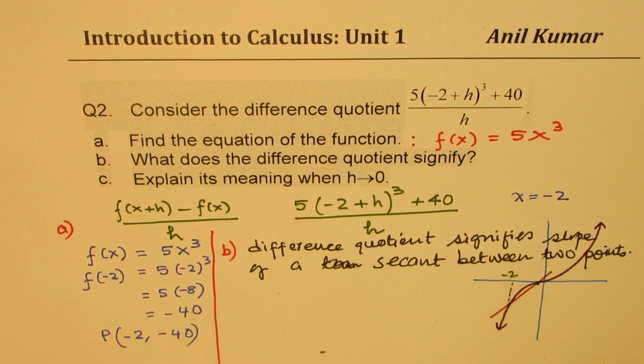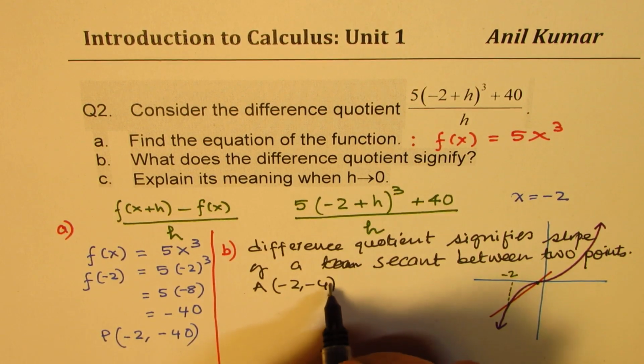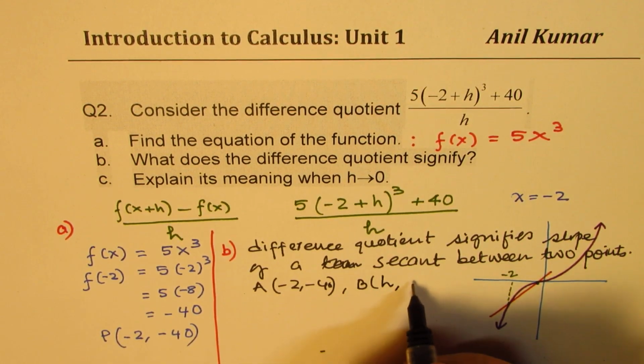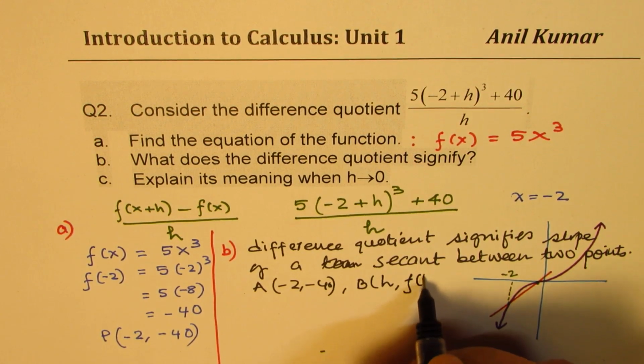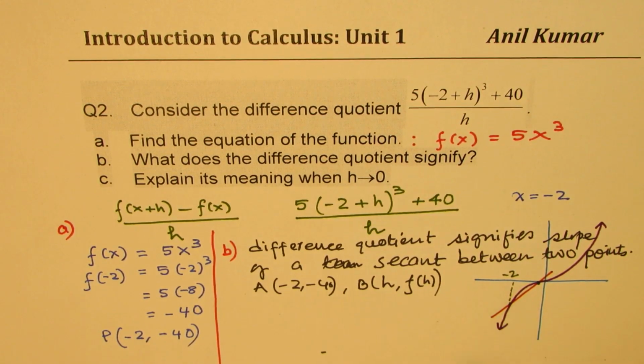Now in our case, the points are, we can say point A is minus 2, f of minus 2, which is minus 40, and point B is h, f of h. Okay? So that is the other point where h could be slightly more or less, but normally close to minus 2. That is what it signifies. Perfect. So that is how you could answer this part.